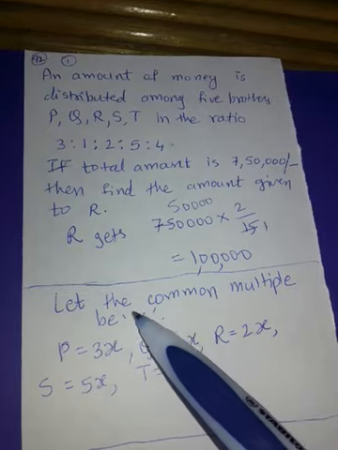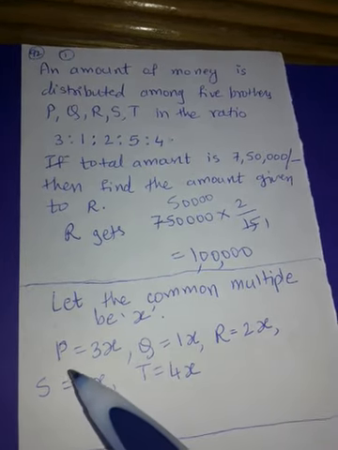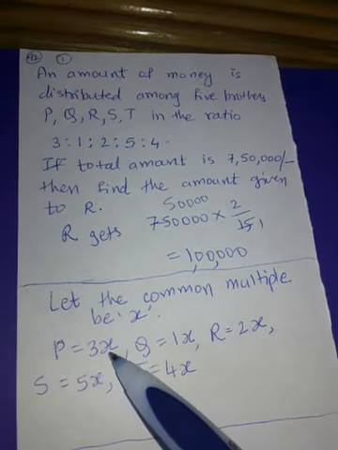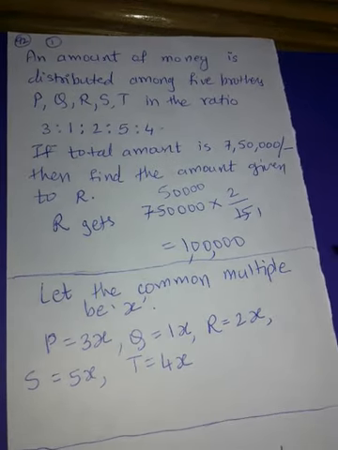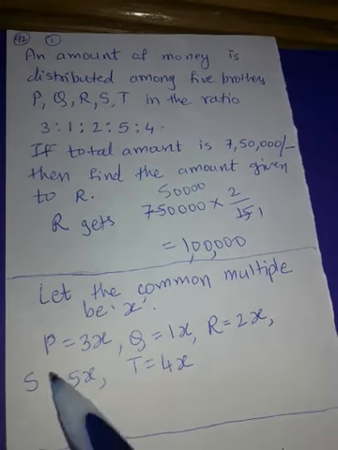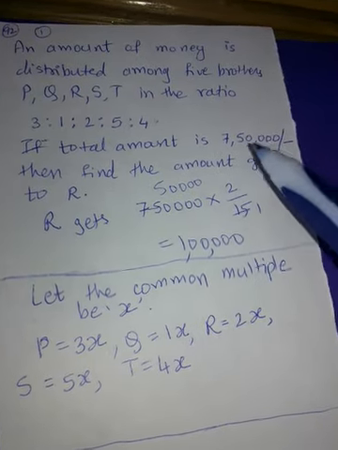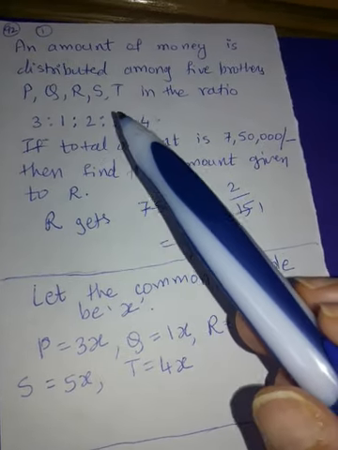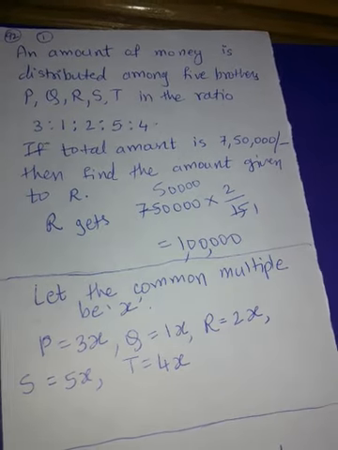So X becomes rupees. X is rupees and that is the common multiple. P will have 3X rupees, Q will have 1X rupees, R will have 2X rupees, like that it will go. And together how much they will have? 15X rupees, isn't it? Now the question is, find the amount of R.